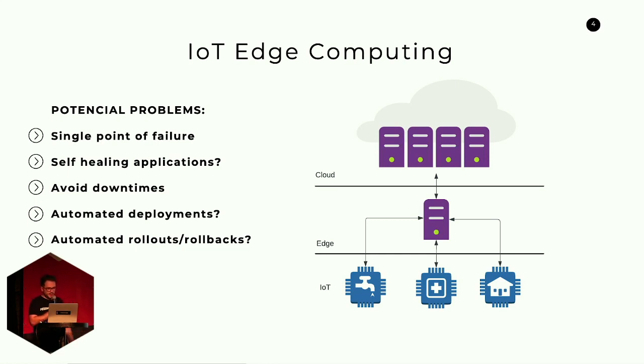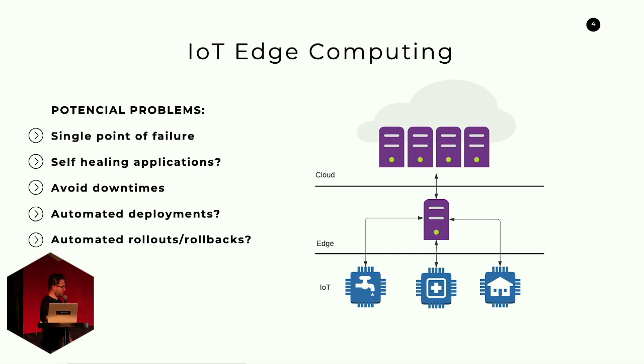Anyway, what kind of problems may we face when we look at this architecture? I mean, the single point of failure is clear. If we have only one edge node, we can put another one and do some kind of load balancing, and maybe then we will get rid of it. Then self-healing applications.